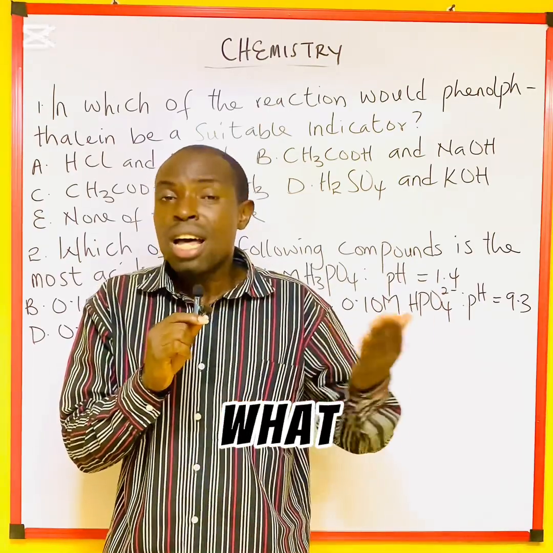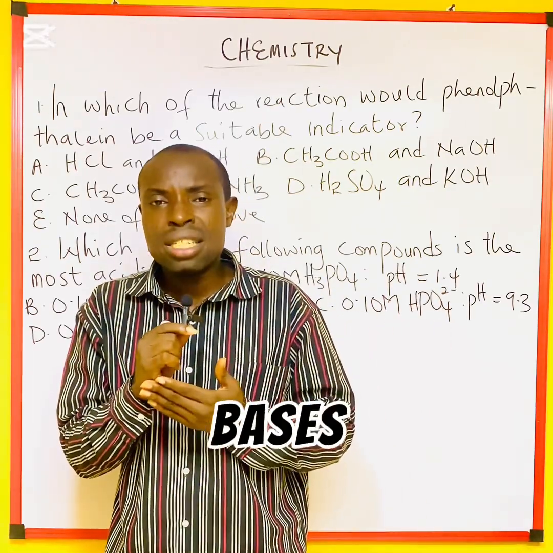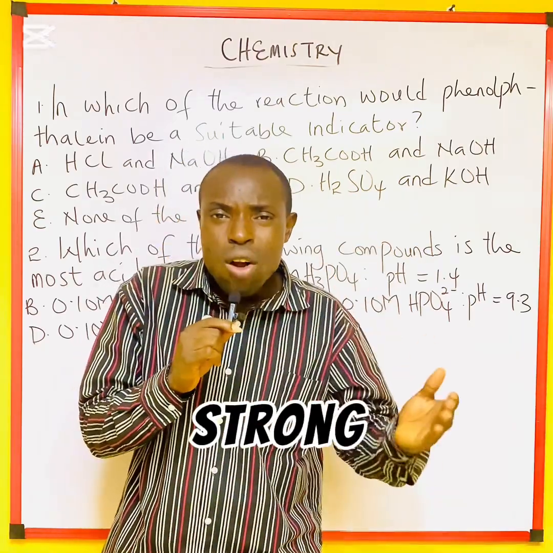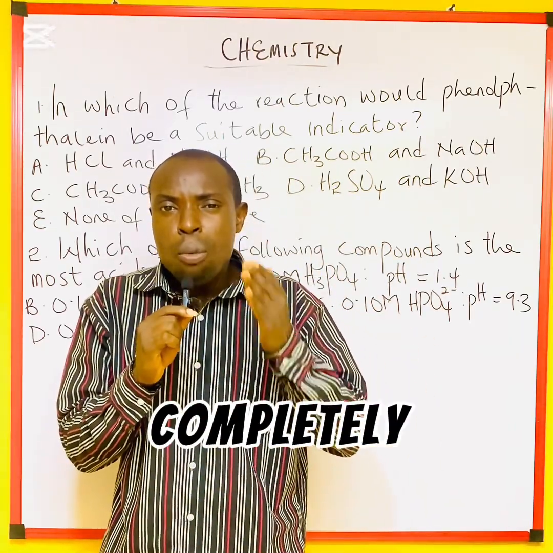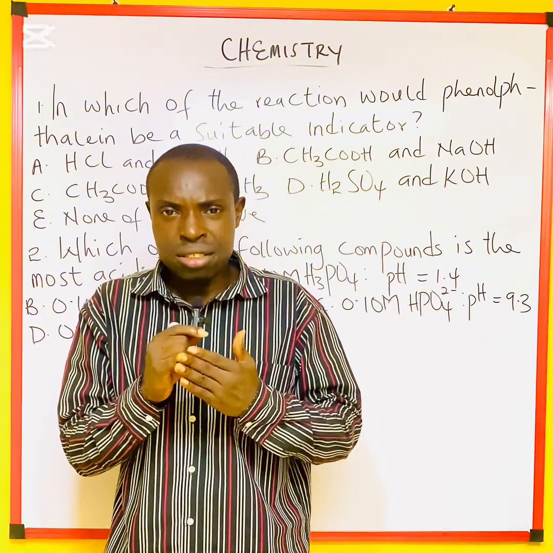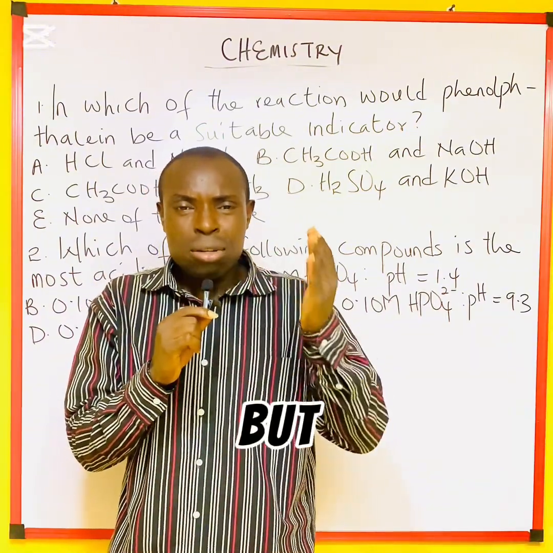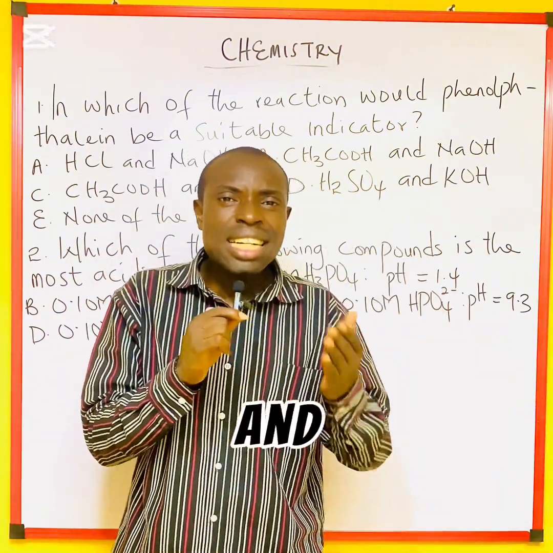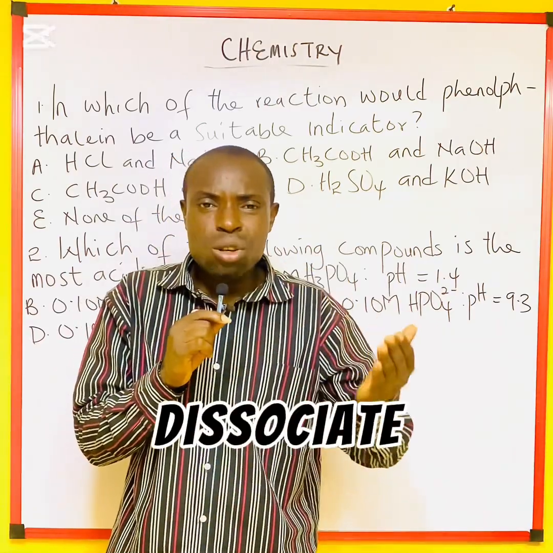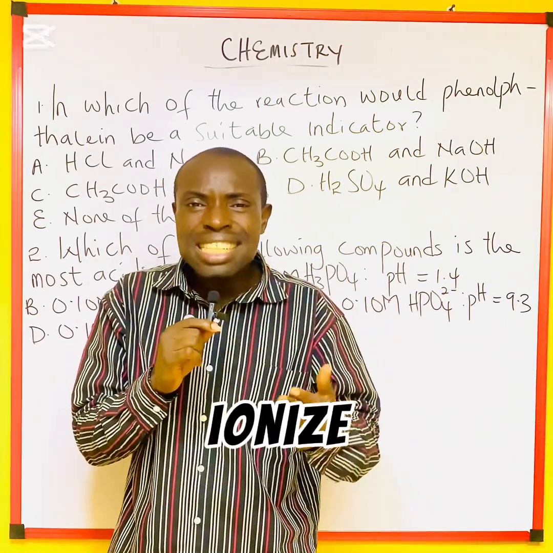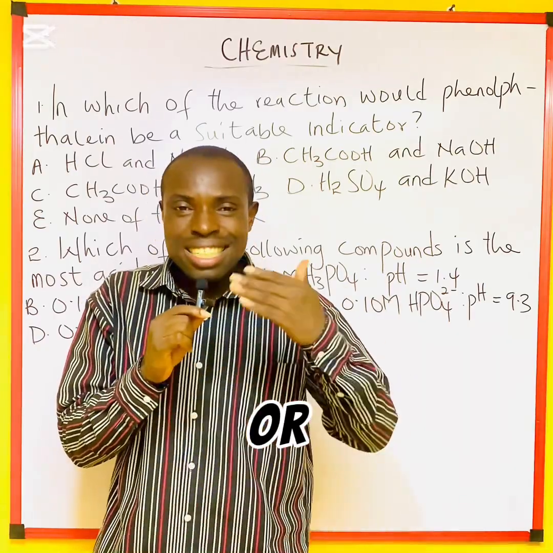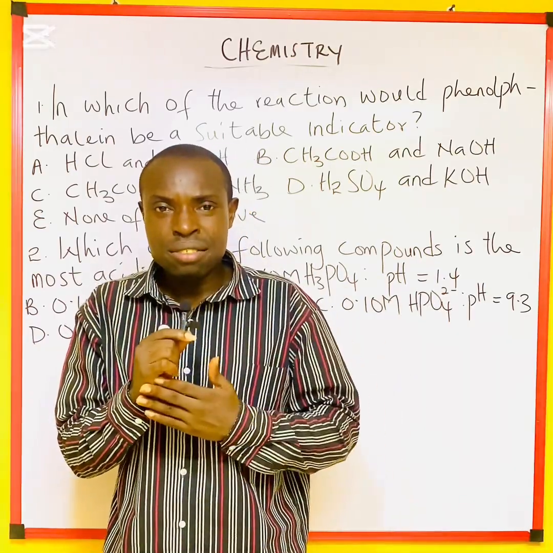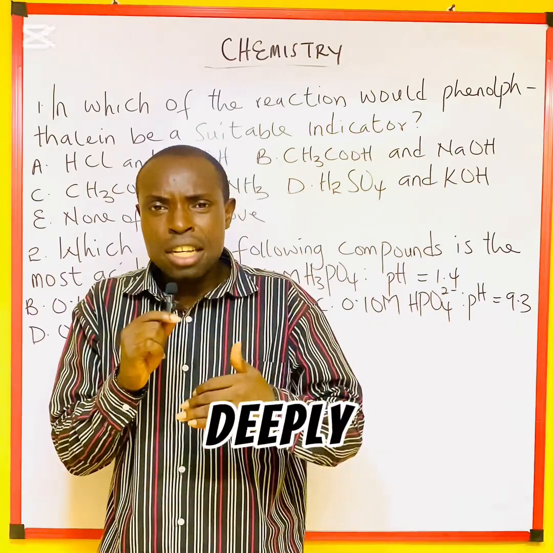Take note, a strong acid and a strong base ionize completely in water. But a weak acid and a weak base dissociate or ionize incompletely, partially, or slightly in water.